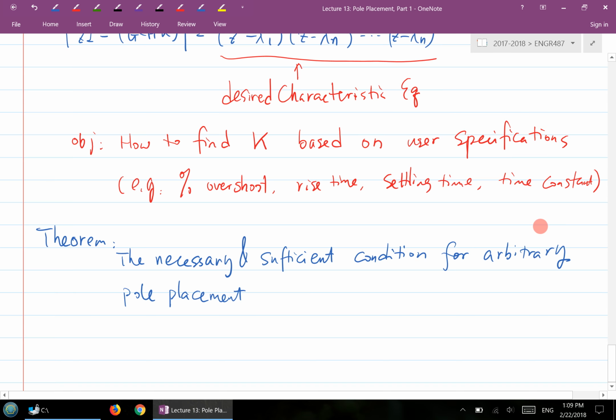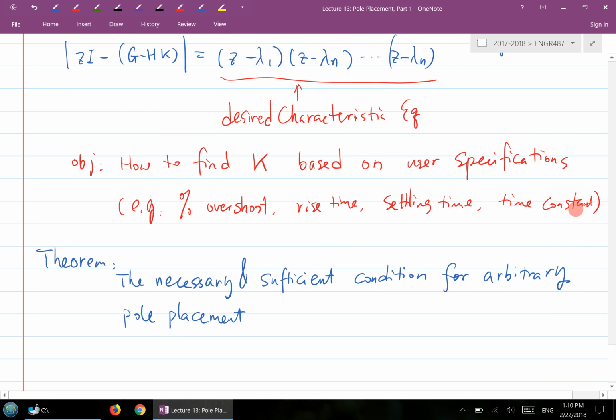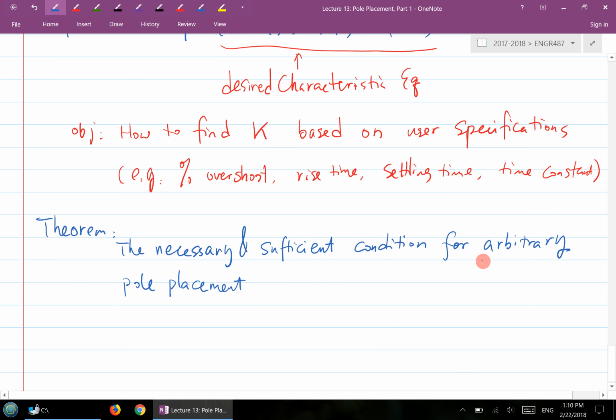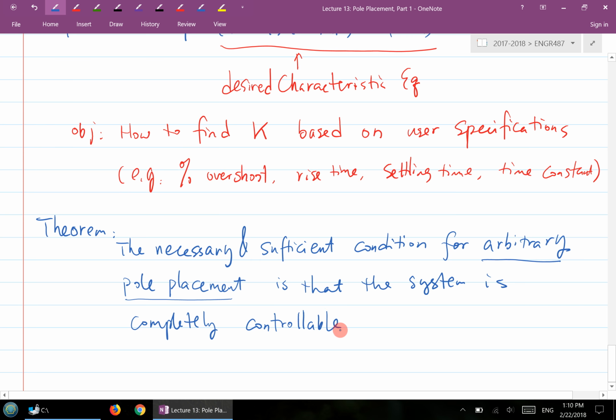I really want to be able to place poles anywhere I want within the unit circle. That's what we call arbitrary pole placement. And the condition for doing this is that the system is completely controllable. So that's the condition for doing arbitrary pole placement.